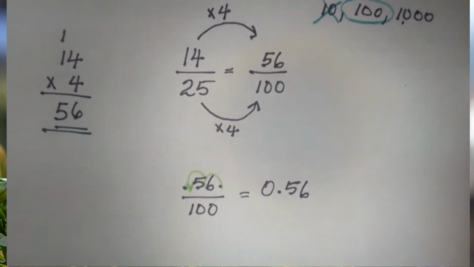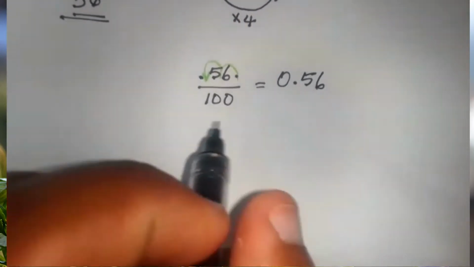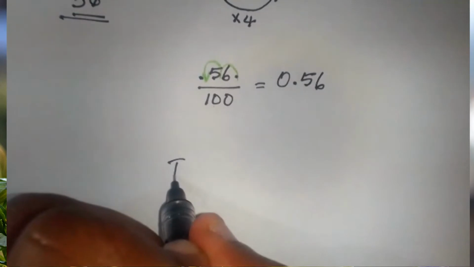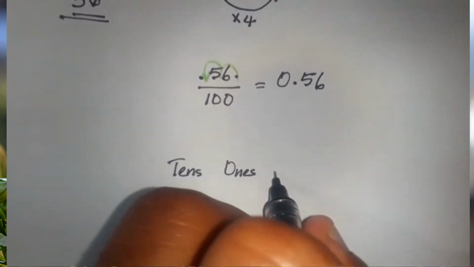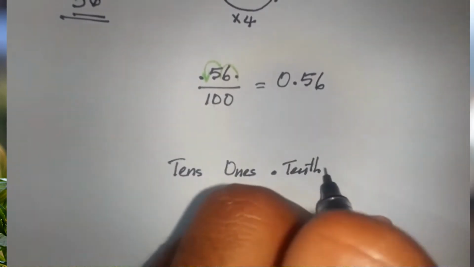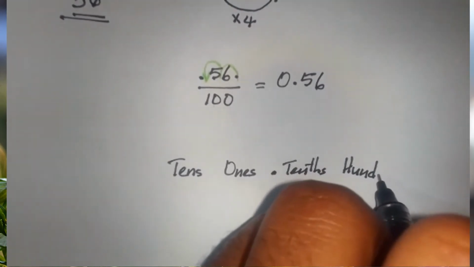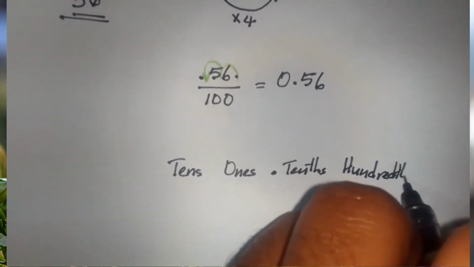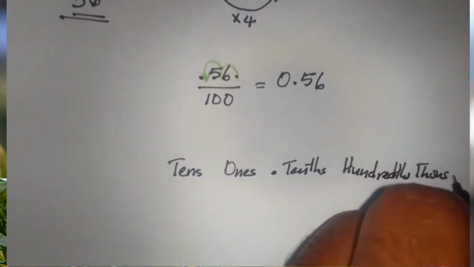Brilliant. Let's use the place value chart to work it out. So we have tens, ones, decimal point, tenths with a TH, hundredths, and thousandths, dot, dot, dot.